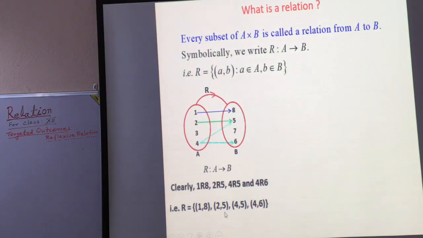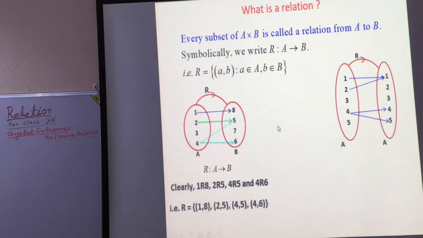Ordered pair (2, 5) means element 2 of set A is related with element 5 of set B, and the same meaning for ordered pairs (4, 5) and (4, 6).